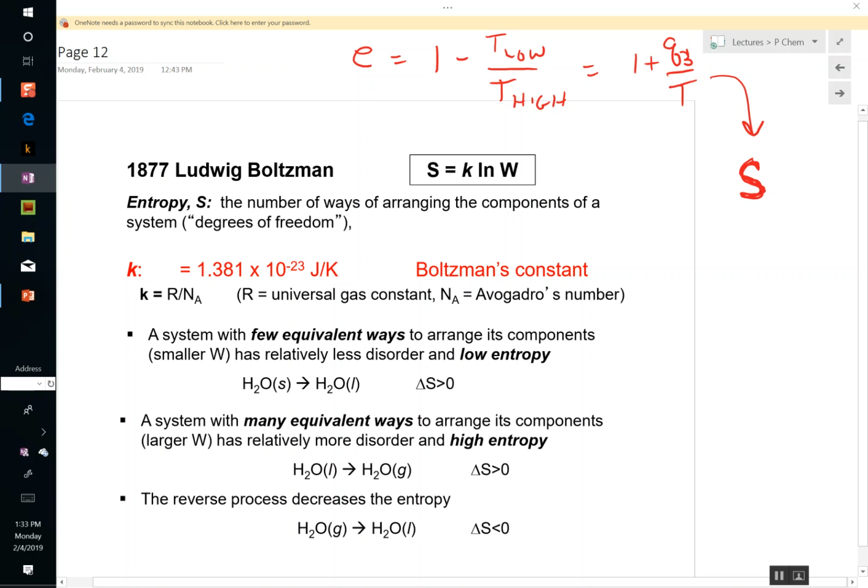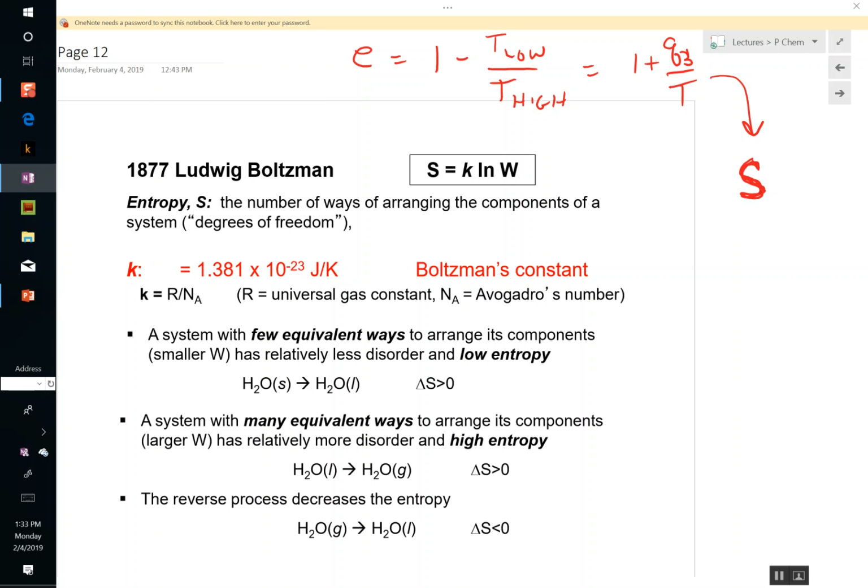And we get another state function. So we got internal energy, enthalpy, and now, excuse me, entropy. Another state function.